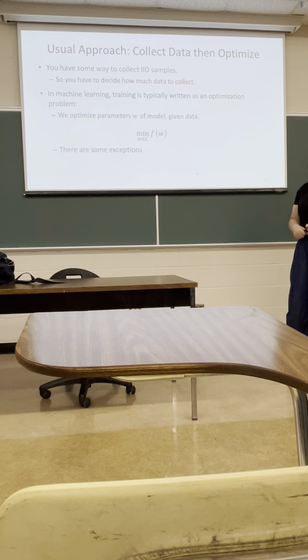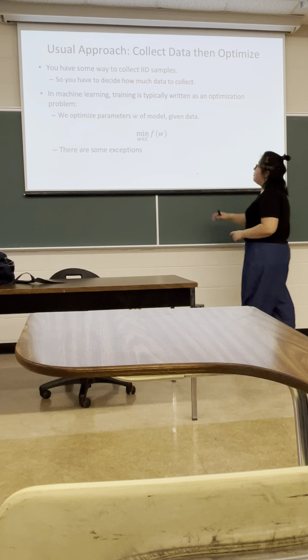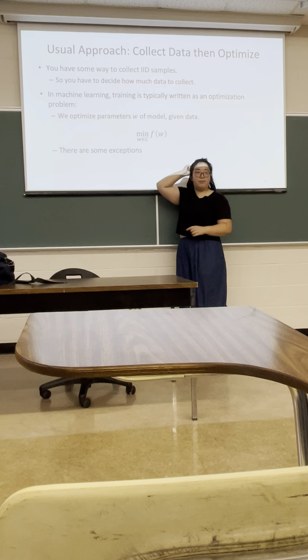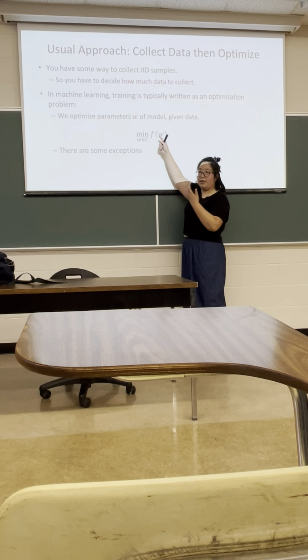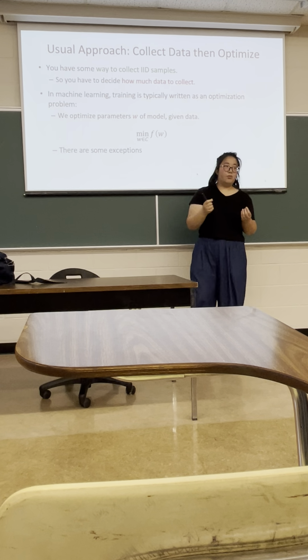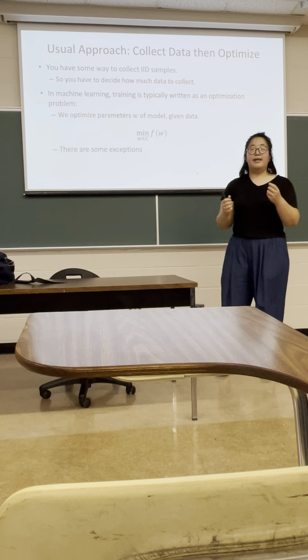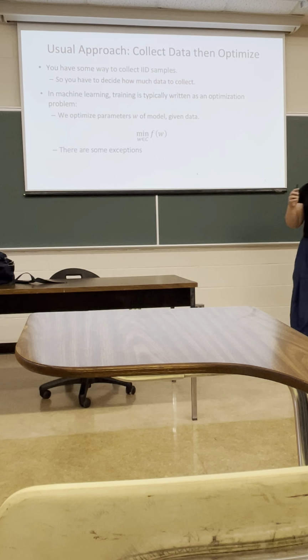In this formulated optimization problem, W, as I noted, is what we want to learn. W represents the model itself. For example, in linear regression, y equals ax plus b, the a and b are what we are going to learn.